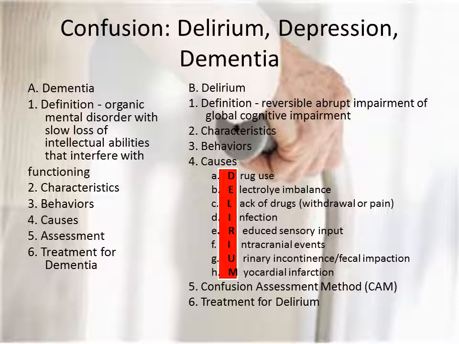Okay, so let's talk about confusion, which includes delirium, depression, and dementia. Dementia, first of all, is defined as organic mental disorder with slow loss of intellectual abilities that interfere with functioning. So what characteristics do we see? Well, we see aphasia, apraxia, agnosia.